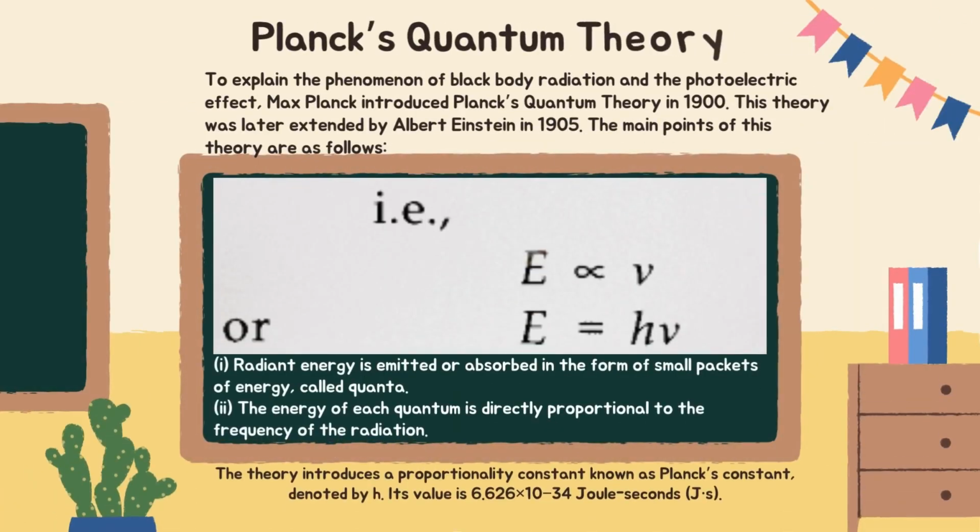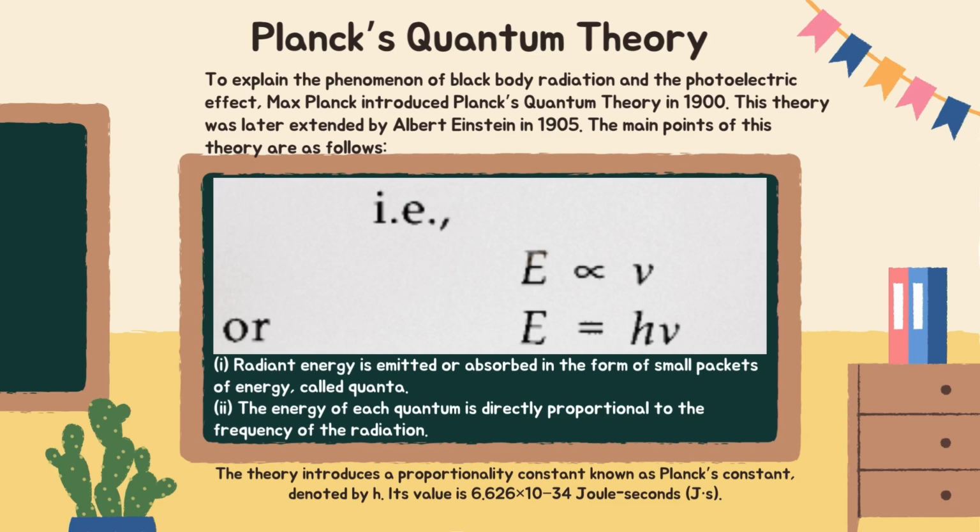Planck's quantum theory. To explain the phenomenon of black body radiation and the photoelectric effect, Max Planck introduced Planck's quantum theory in 1900. This theory was later extended by Albert Einstein in 1905. The main points of this theory are as follows. 1.